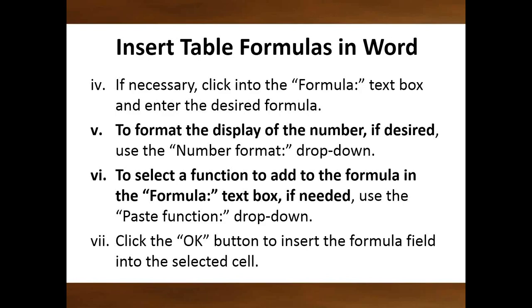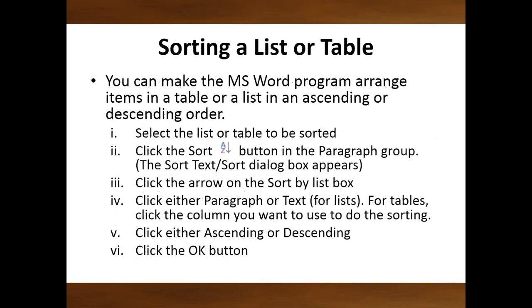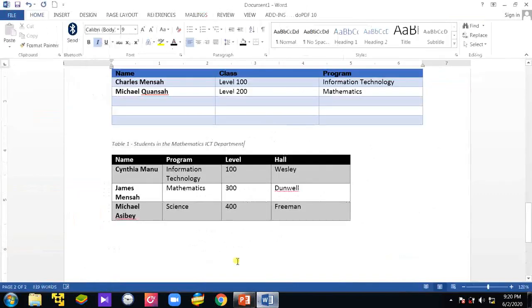That is, if you decide not to enter your own formula, but you want to choose a predefined function within your Microsoft Word, then you use this option. When you are done, you click the OK button to insert the formula field into the selected cell. And once that is done, the computed results will find itself in there.